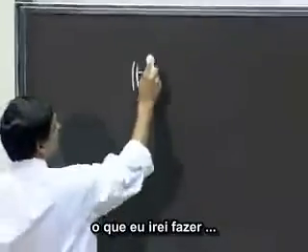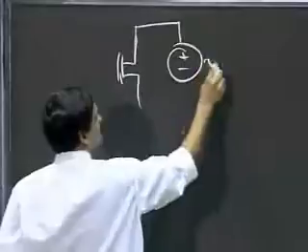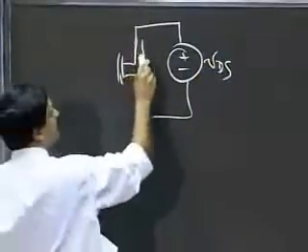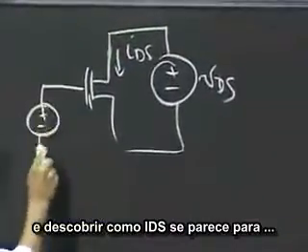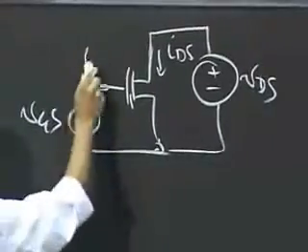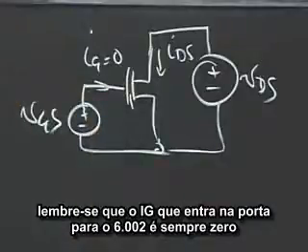Okay, figure out what IDS looks like. Remember, IG into the gate for 6002 is always going to be 0.